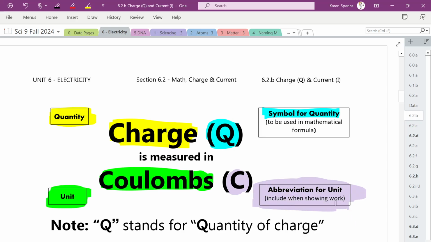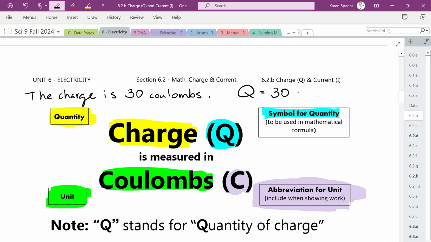So if you wanted to say the charge is 30 coulombs, you would say Q is equal to 30 C. Just like yesterday, we said T for time is equal to maybe 30 S for seconds.